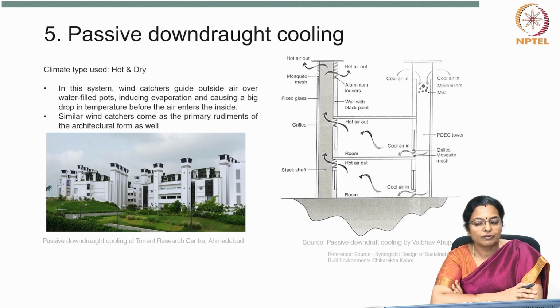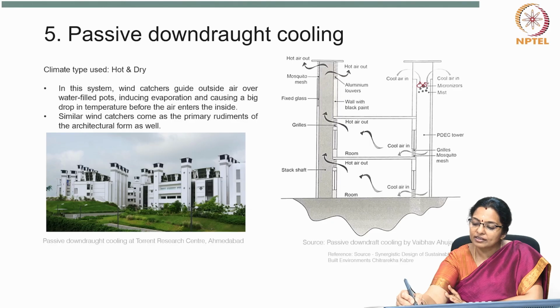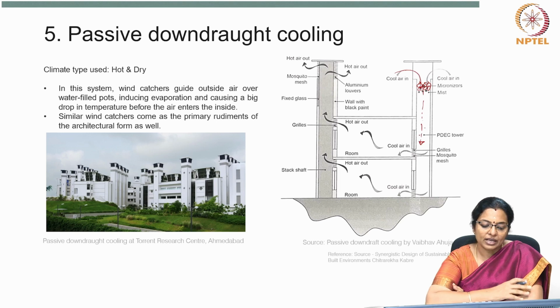Another strategy which we will see is passive downdraft cooling. This is used in hot and dry climates. In this system, wind catchers guide outside air over water-filled pots. There can be pots or micronizers which throw mist, and then the air which comes in gets moist and it settles down.